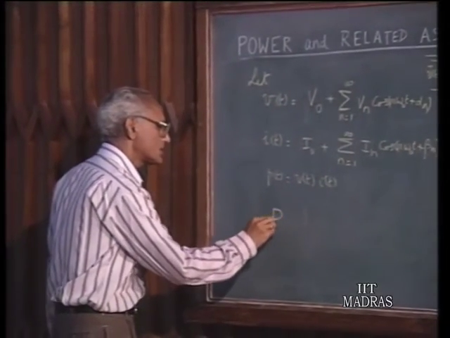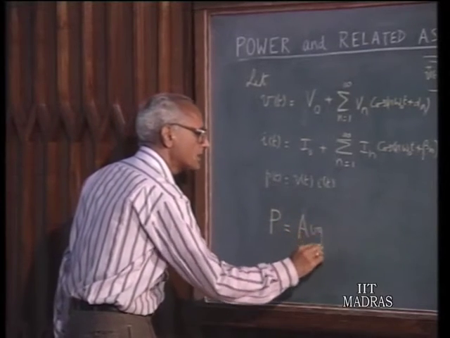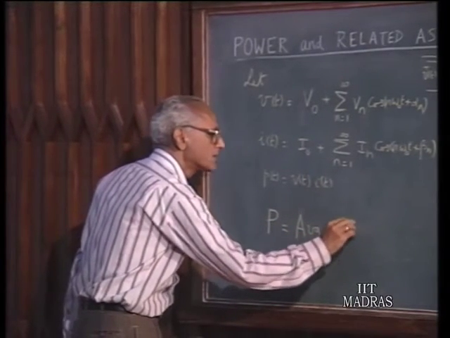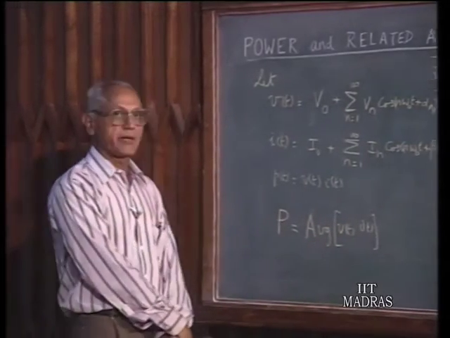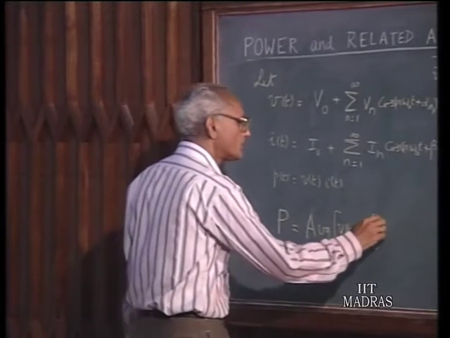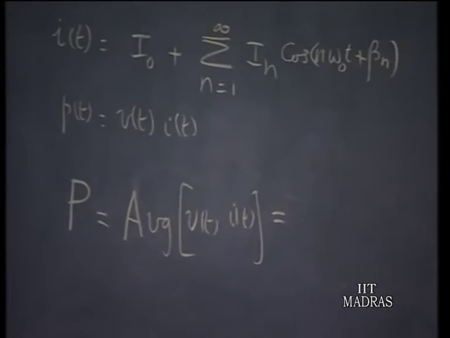this is simply, call this P, it is the average of the product of v of t times i of t. Always the average is over a complete period. So we take these two series and multiply them out.